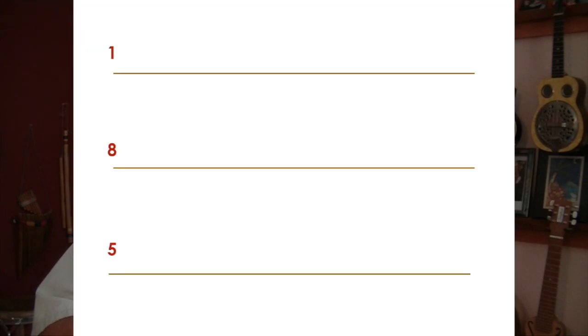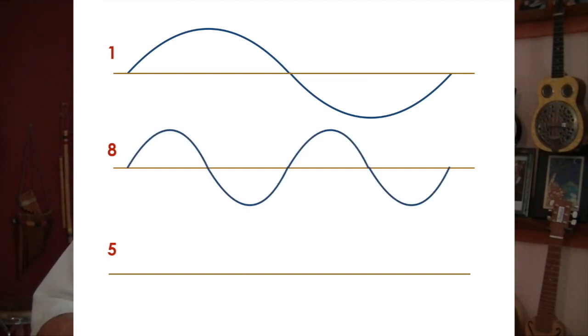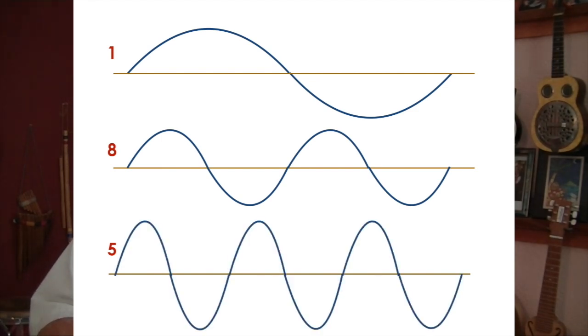Let's demonstrate that. Here's a visual representation of the root tone, and then a visual representation of the octave, and a visual representation of the 5 note that's already in the 1 note, the C. So you see that?